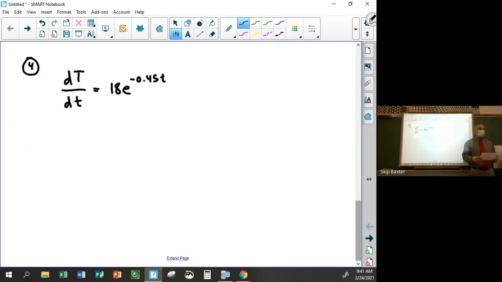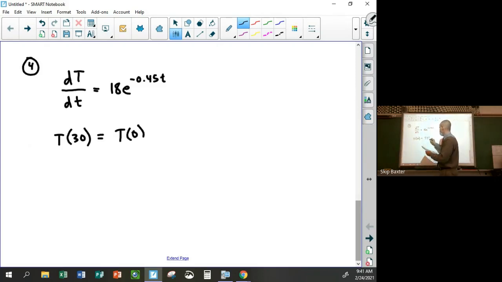So this is actually not a differential equation problem, so to speak. It's more like an FTC part 1 type question. If you're trying to find the temperature at 30, you just need to take the temperature at 0 plus the integral from 0 to 30 of T prime of t dt.